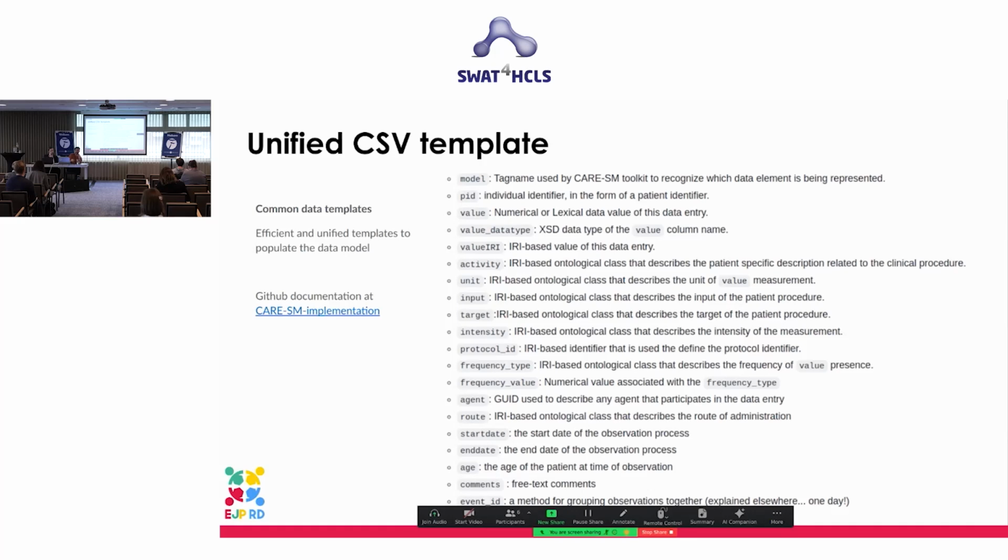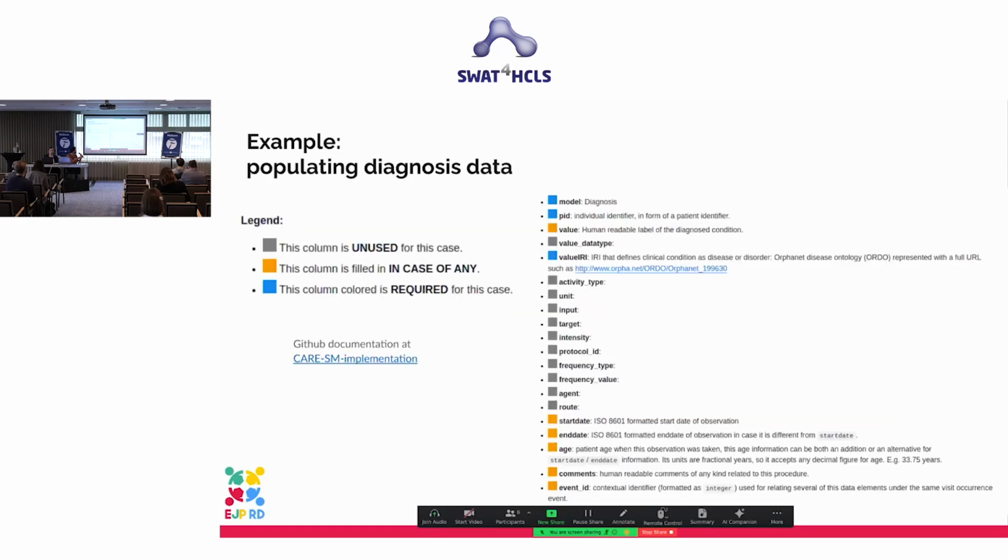So how can we communicate which columns are required? Well, we have GitHub documentation for each one of the data elements that we have detected and defined. So this will be how to populate diagnostic information.